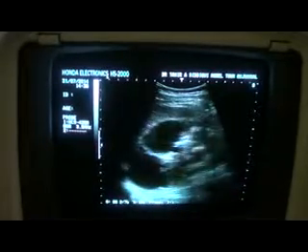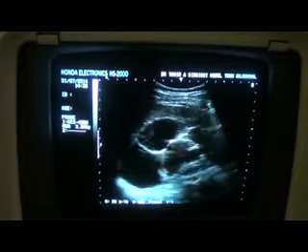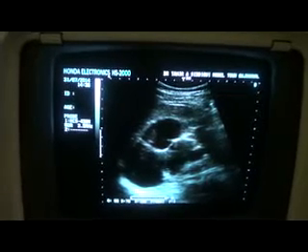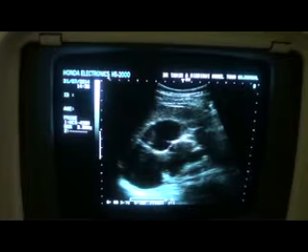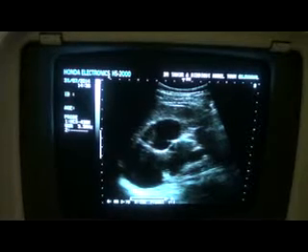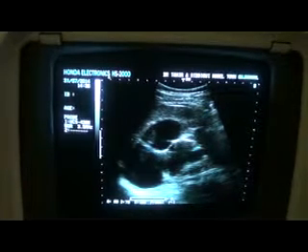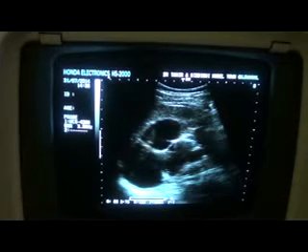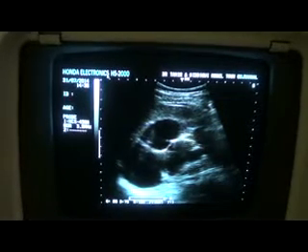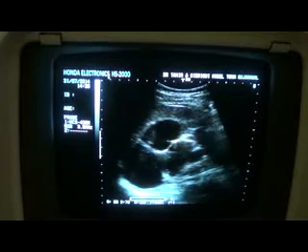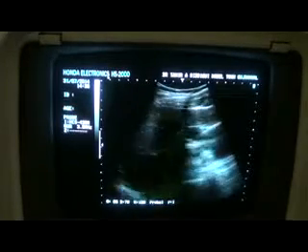Now there will be three differentials for you when you come across such a case. Is this a polycystic kidney? Number one. Number two, is this a multicystic kidney? Number three, is this a case of pelviureteric junction obstruction? PUJ obstruction leading to massive hydronephrosis and thinned out parenchyma.